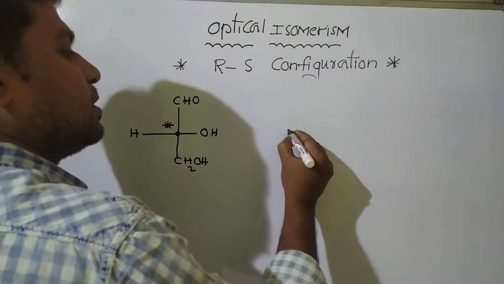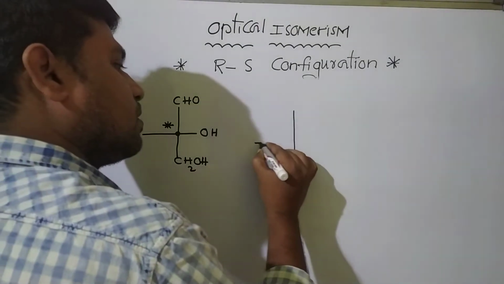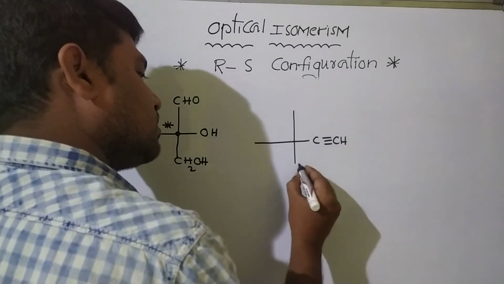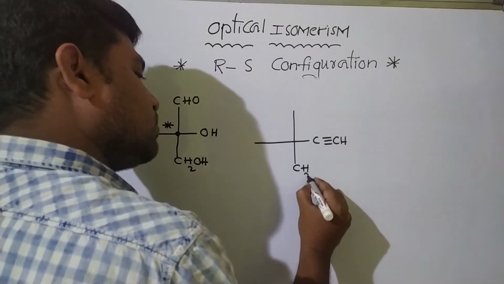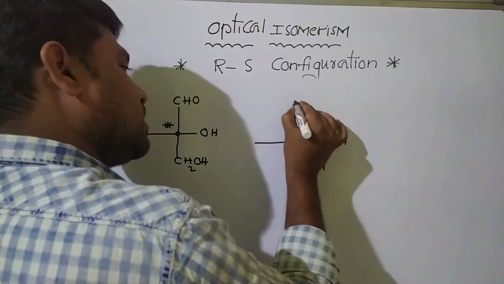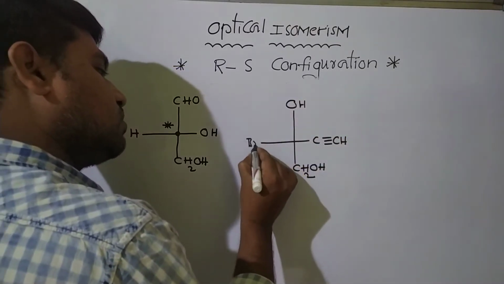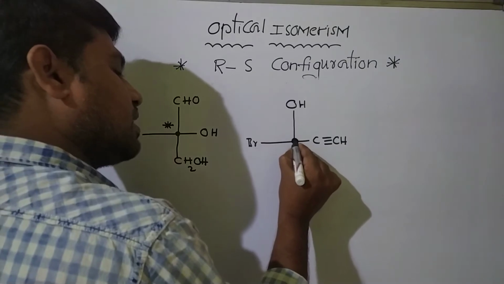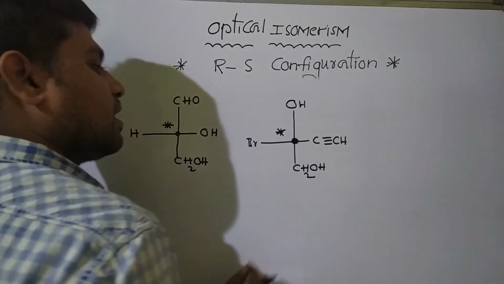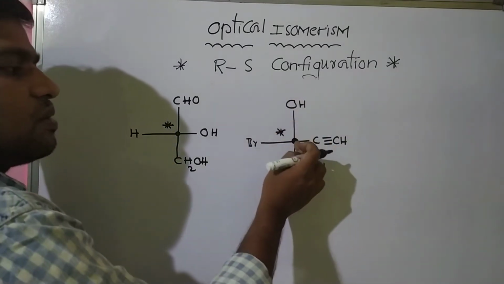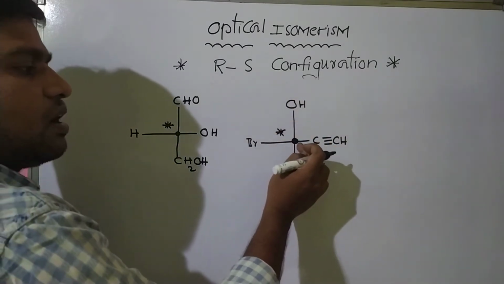And another example, here C double bond CH, here CH2OH, here this is OH, here bromine atom. So this is the chiral carbon atom, because all these 4 valencies of this carbon atom are different.